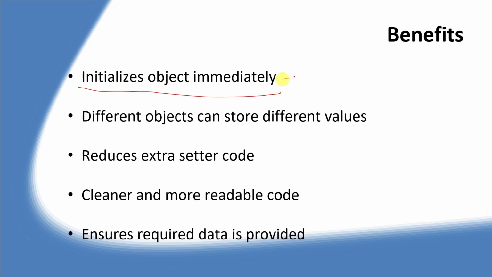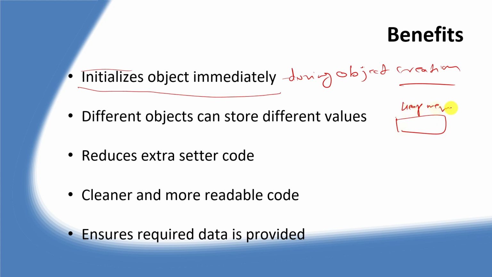Immediately means during object creation. Don't get confused between object creation and initialization. Creation means the object will get created in the heap memory. I hope you remember that. So this is the object.